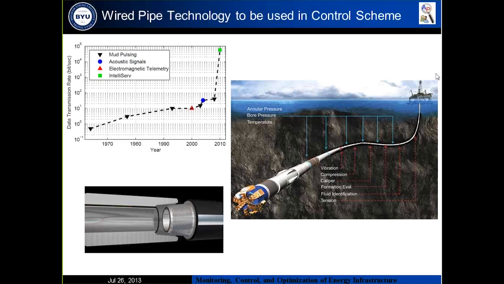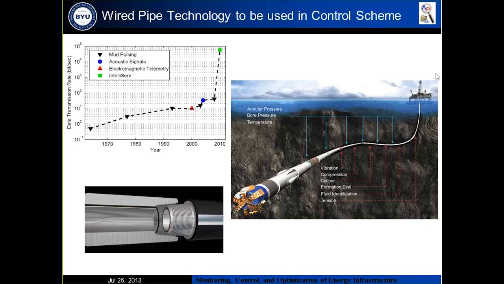It's maybe about 40 bits per second we've been able to do with mud pulsing, and now they're able to get megabit connections down to the bottom hole assembly. So one of Reza's main contributions to this work is how to exploit this new communication link, and that's very, very significant.